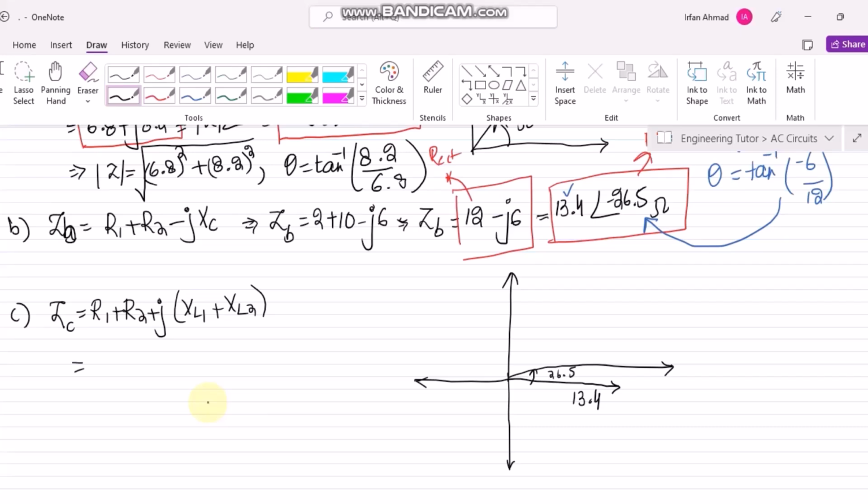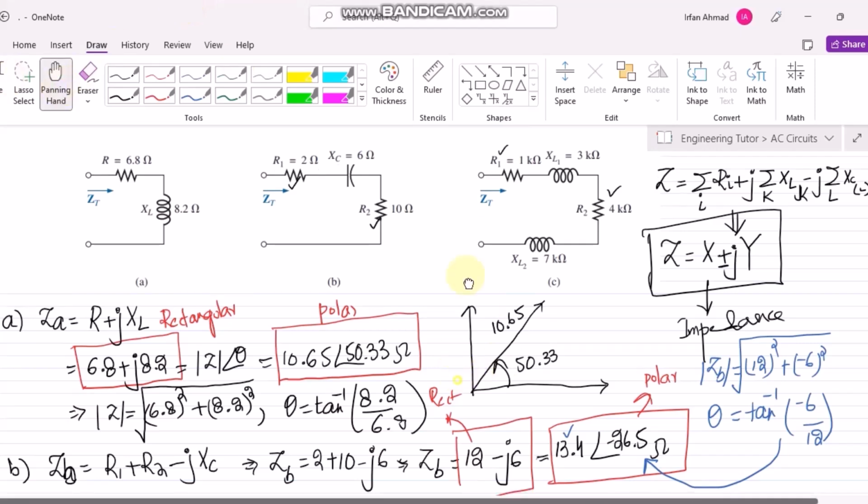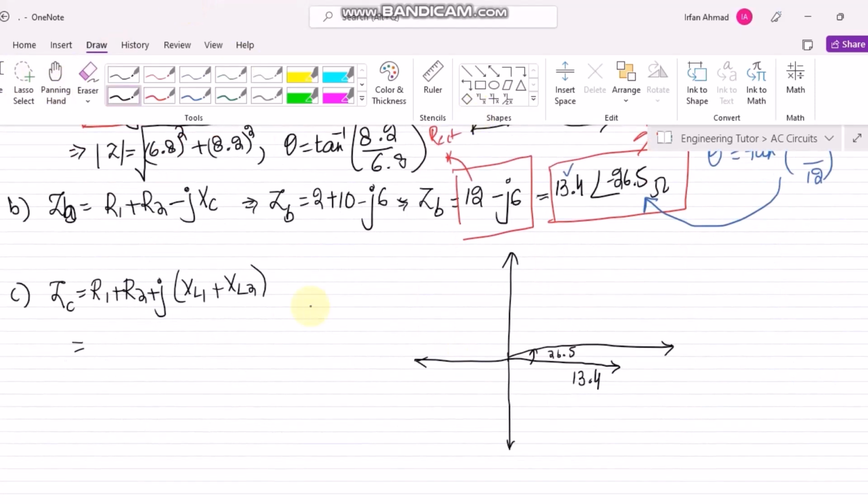Writing their values here: R1 is 1 K, R2 is 4 K, similarly XL1 is 3 K and XL2 is 7 K. So R1 plus R2 is 1 plus 4, which is 5, and similarly 3 plus 7 is 10. Writing it here: 5 K plus j10 K.